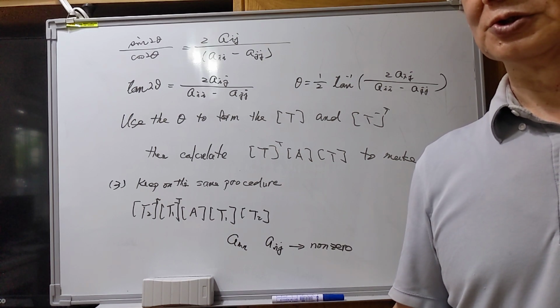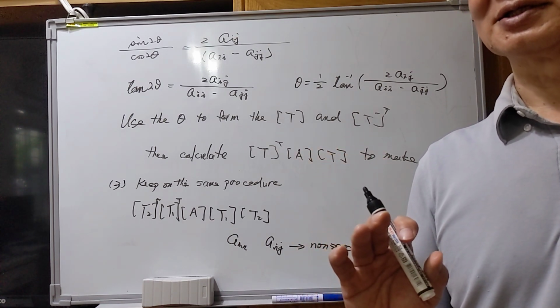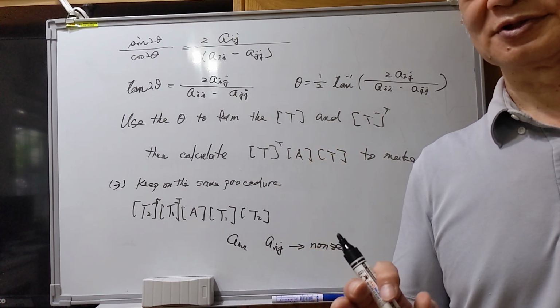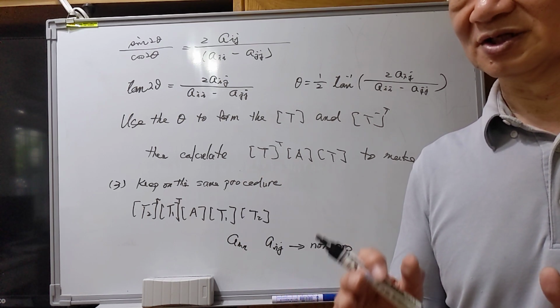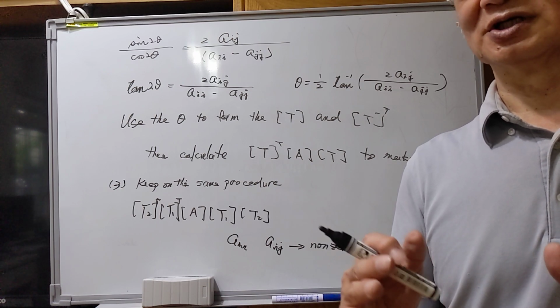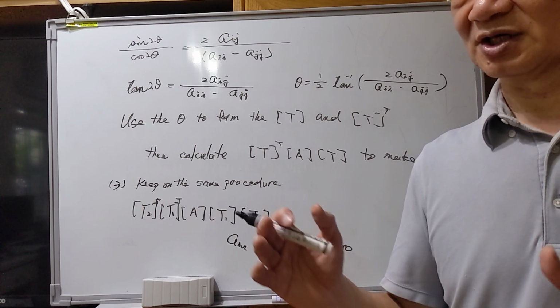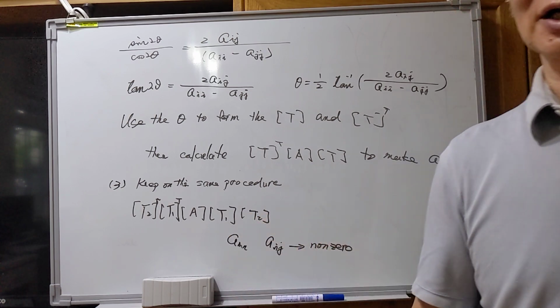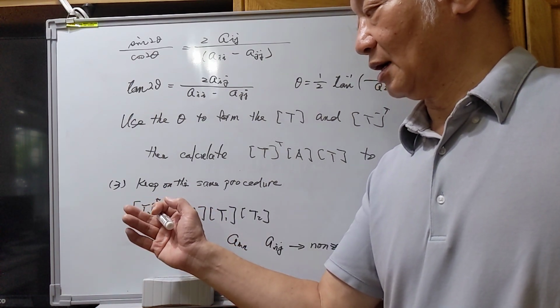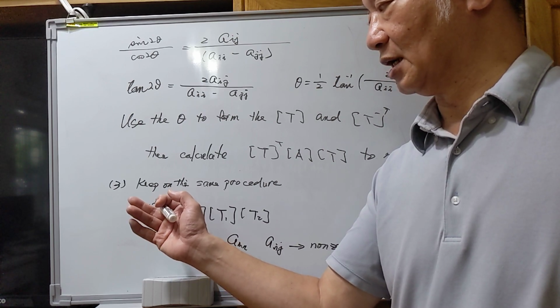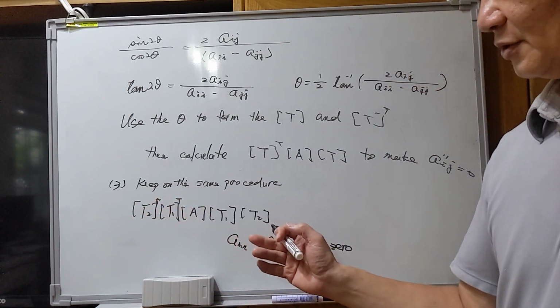Okay, so you should not expect the Jacobi method to finish in a limited number of steps with all the off-diagonal elements equal to zero.